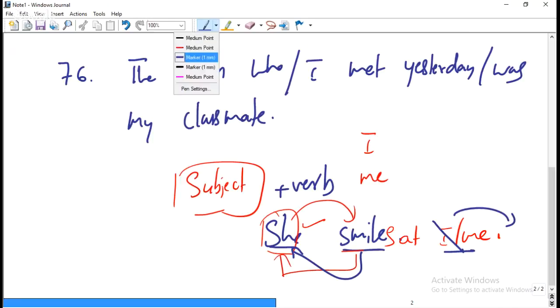Now, whenever we get who or whom, we have to check how many verbs there are and which verb is in agreement with who. If there is a verb in agreement with who, then the usage of who is correct, whereas if there is no verb in agreement with who, then it has to be whom. Now there are two verbs, met and was.